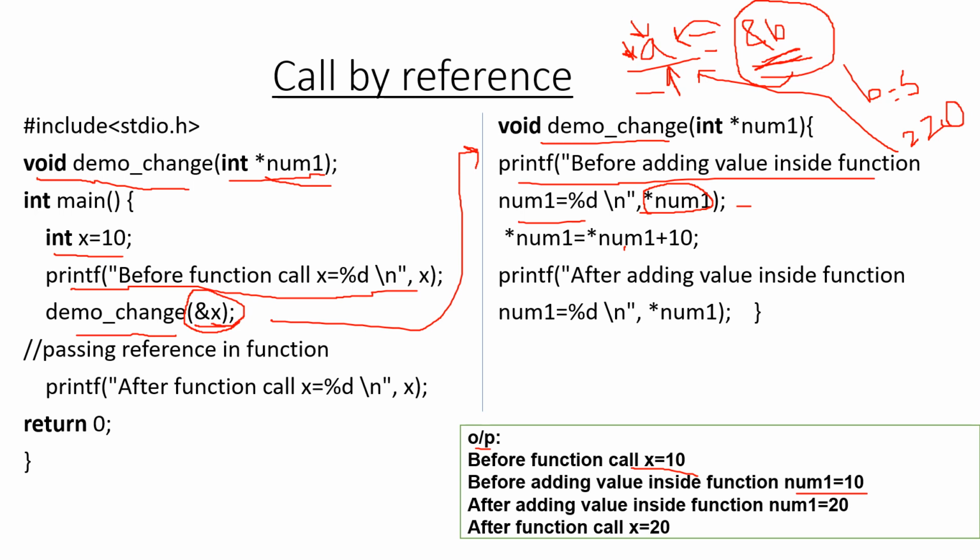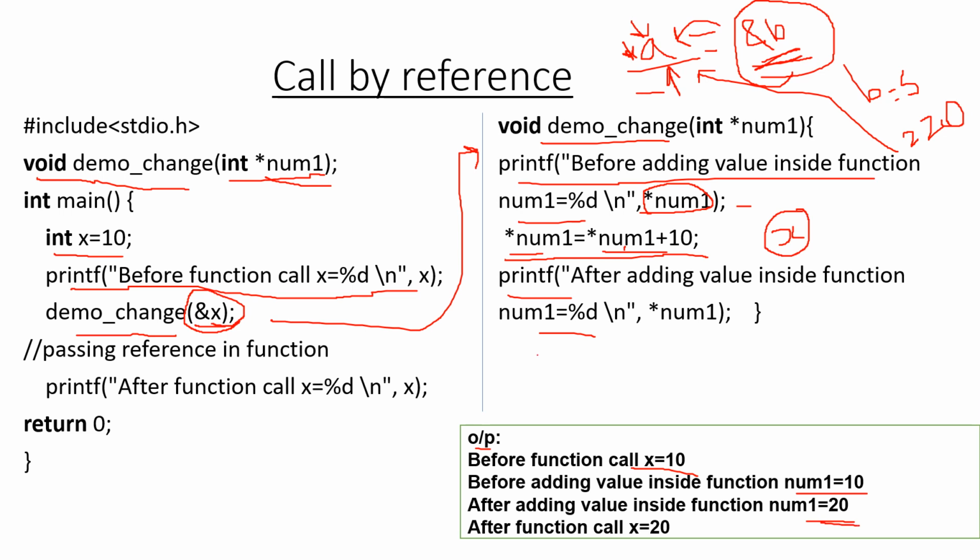Now the second sentence, as in the previous example: pointers also deal with arithmetic operations. So in star num1 I'm just adding 10. In star num1 my value was 10, so now it's 10 plus 10, 20. Whatever I'm doing to num1 actually affects x, because x is my actual parameter. Now my next sentence is printing this value, and you can see I have printed it as 20.